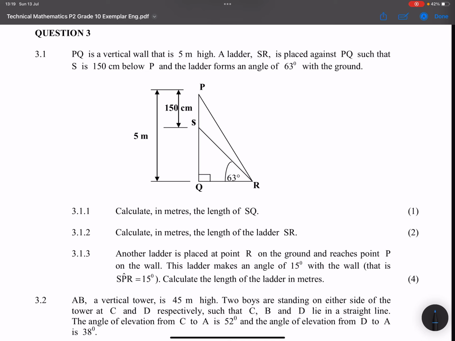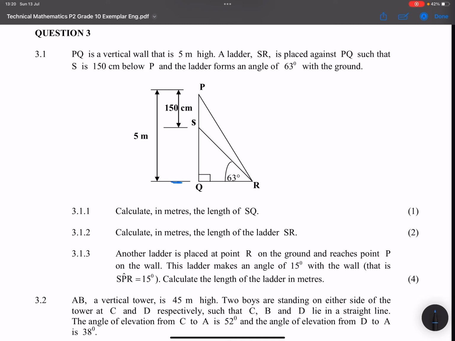Now, let's talk quickly. They say calculate in meters the length of SQ. Now note, where is SQ? SQ is that distance over there, right? So SQ would be the distance PQ, which is 5 meters, minus SP, that little portion over there.